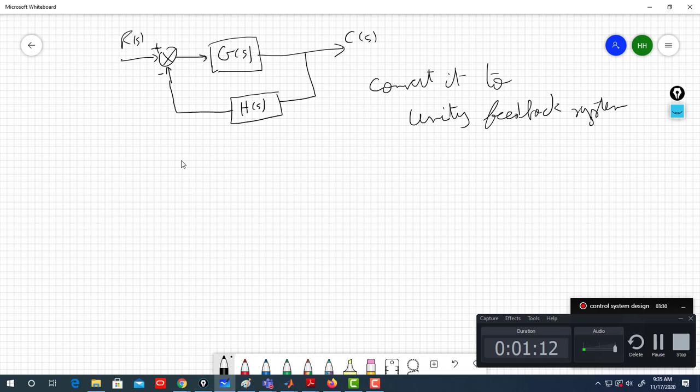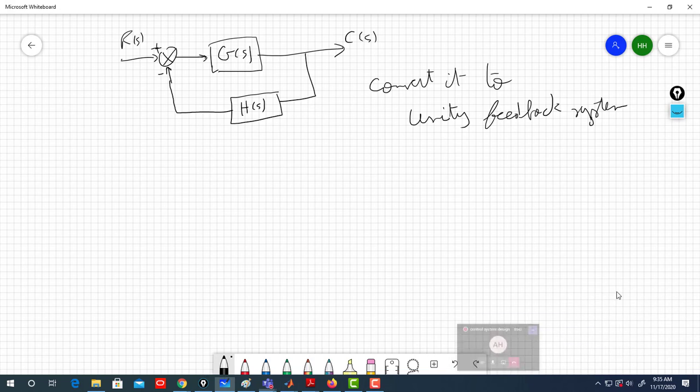So here you don't have unity feedback. You need to convert it to a system where you have unity feedback. So you need to do block diagram reduction and so on. Block diagram conversion, if you wish. You will get a solution converted to a unity feedback system. Okay, that's the question.